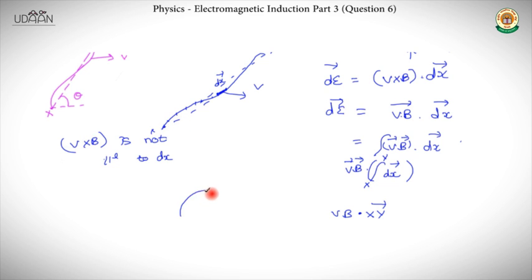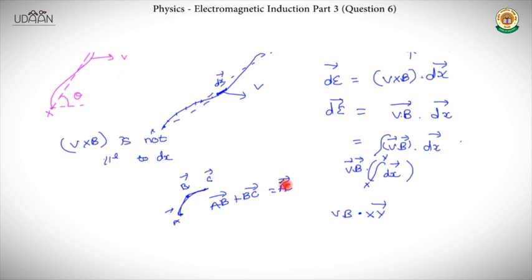For example, in this curve, if this point is A, this point is B and this point is C, then AB vector plus BC vector is AC vector, by the simple rules of vector addition.